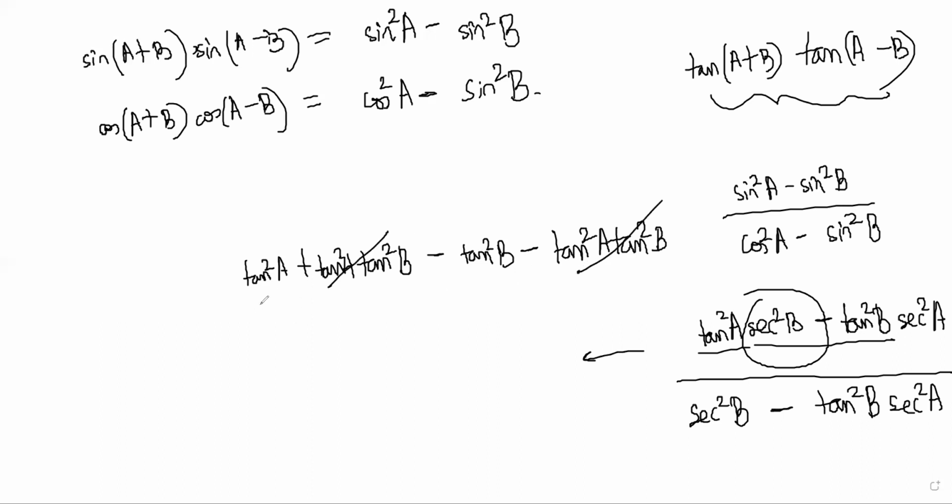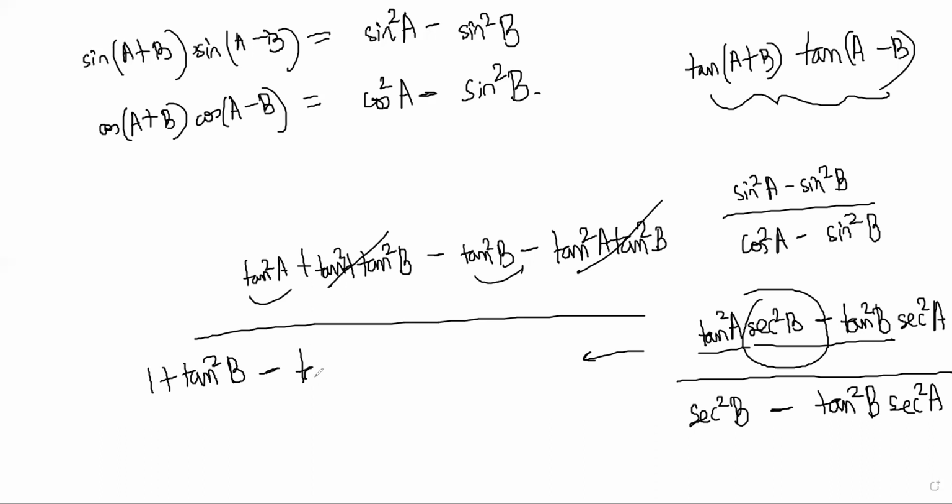On top you have just tan square A minus tan square B. Now it's about the denominator, which is 1 plus tan square B minus tan square B minus tan square B tan square A, right? So this cancels and you have 1 minus tan square B tan square A in the denominator.